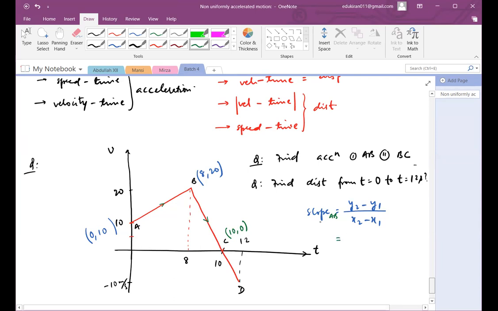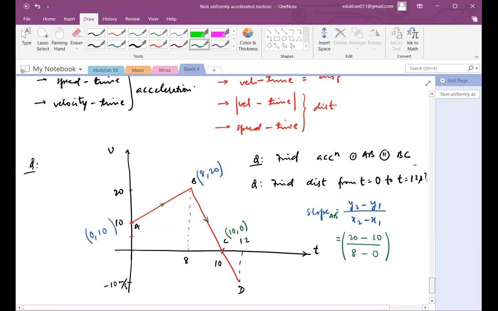Let's say for AB, from this point to this point, y2 will be 20 and y1 will be 10, divided by x2 which is 8 and x1 which is 0.